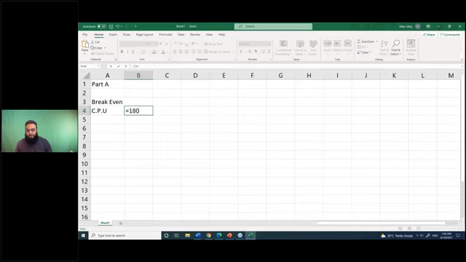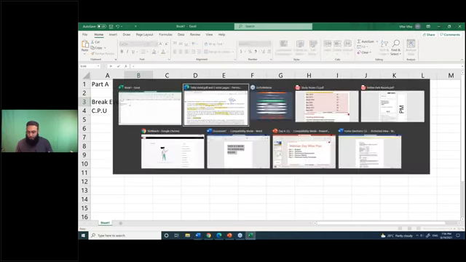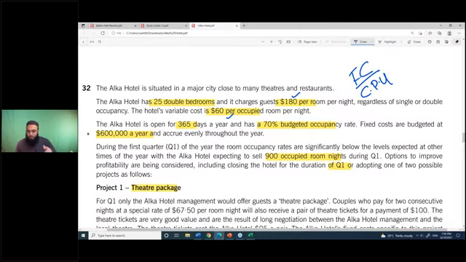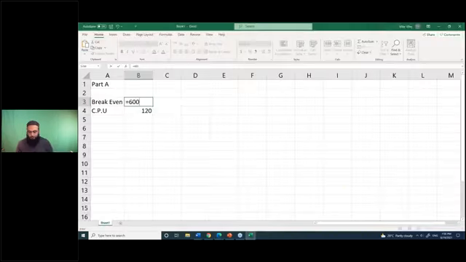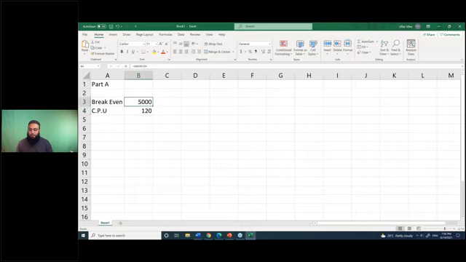So 180 minus 60 is the contribution per unit. Now you have a break even answer because fixed cost is what you just need here. So it's 600,000 fixed cost divided by this 120, and you will get the answer of break even rooms, that is 5,000 rooms, right?